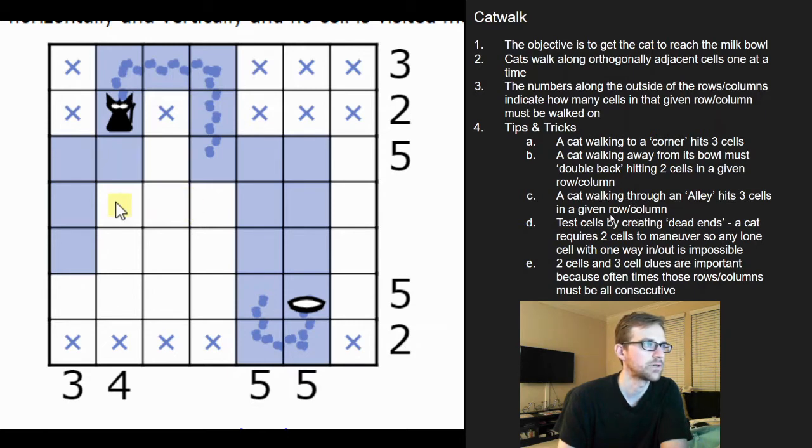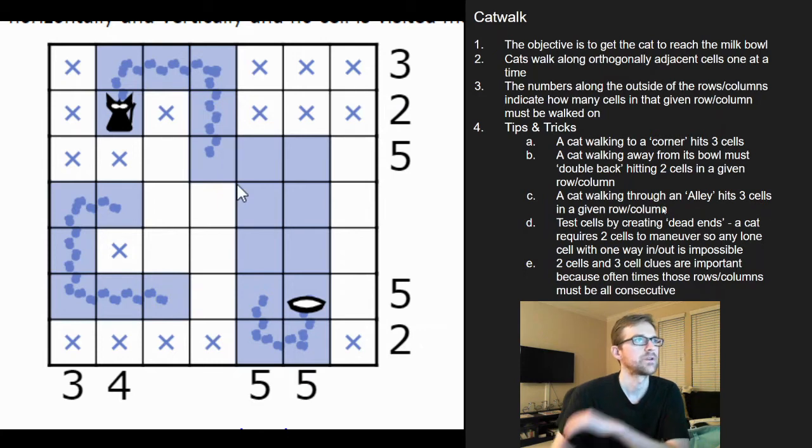And I can't walk over here and then up, because then you'd have too many on the 4. So actually the 3 goes like this. And the cat walks this way around, and then those are X'd out. So he has to come forward again.